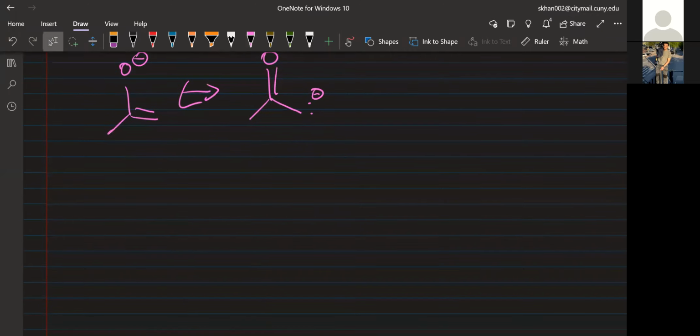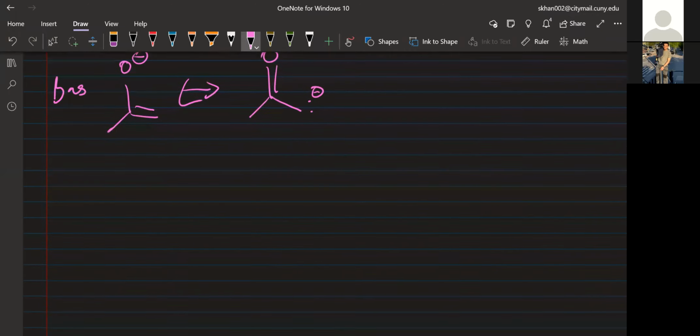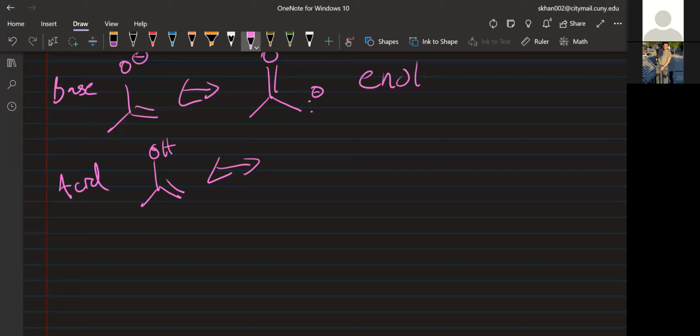Now, this is base. Now under acid, if we introduce the acidic conditions, what happens first is the carbonyl gets protonated, right? And then eventually water will come in and act as a base and you form an enol. So one thing to remember is under basic conditions, you form enolates.